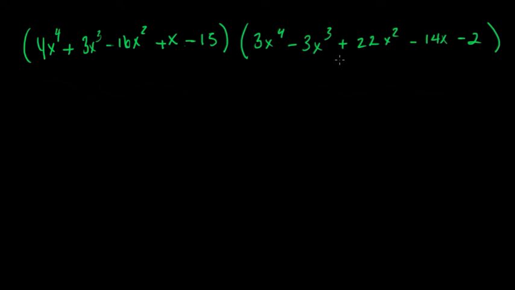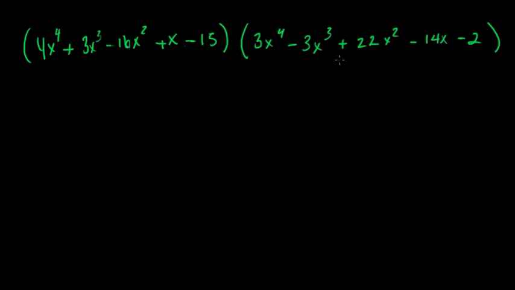Okay, let's get started. This 3x to the fourth times this 4x to the fourth will give me a 12x to the 8th power, because I add the powers, of course. Then this 3x to the 4th times this 3x cubed will give me 9x to the 7th.